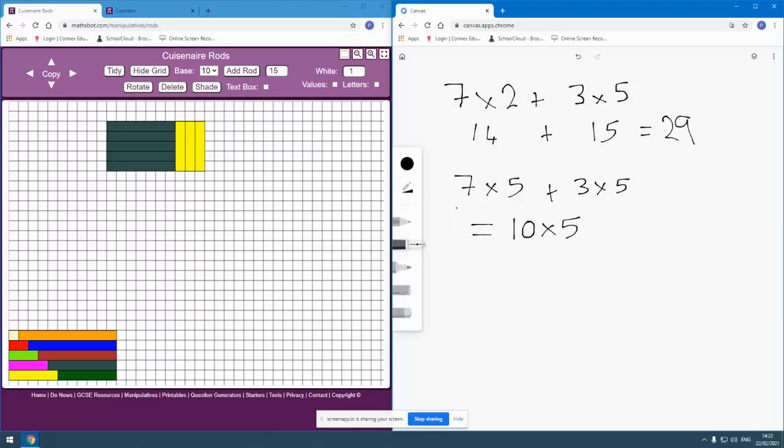And, of course, what we're doing here in effect is applying the distributive law or the distributive property in saying that this is simply 7 add 3 times 5.